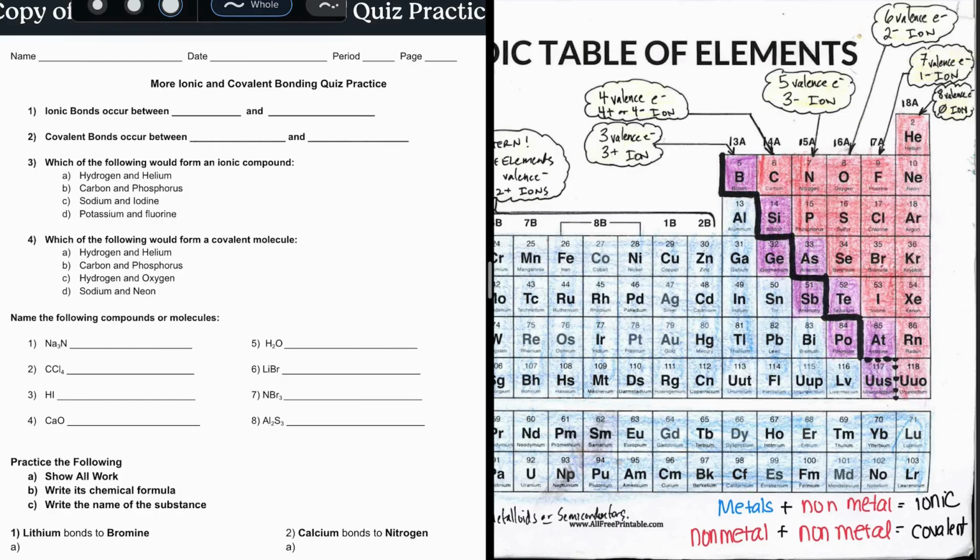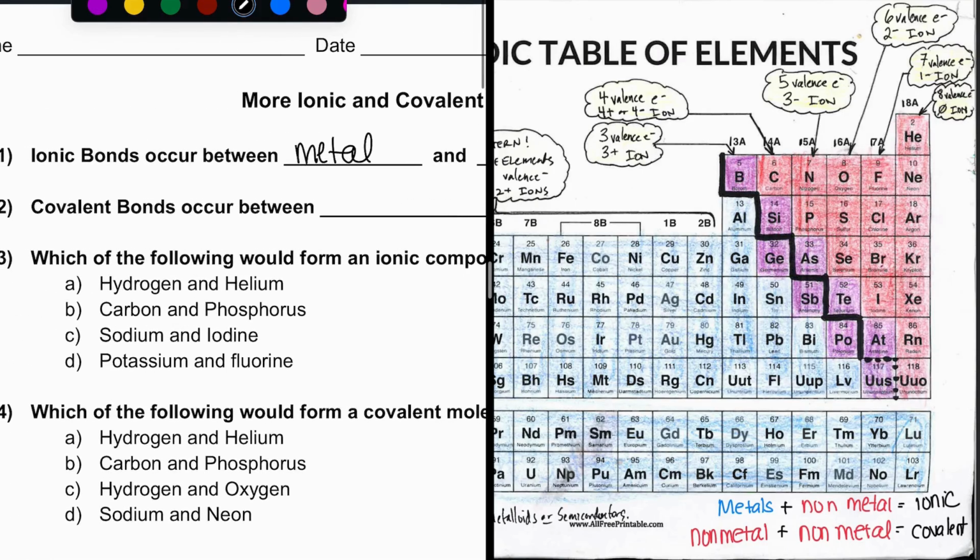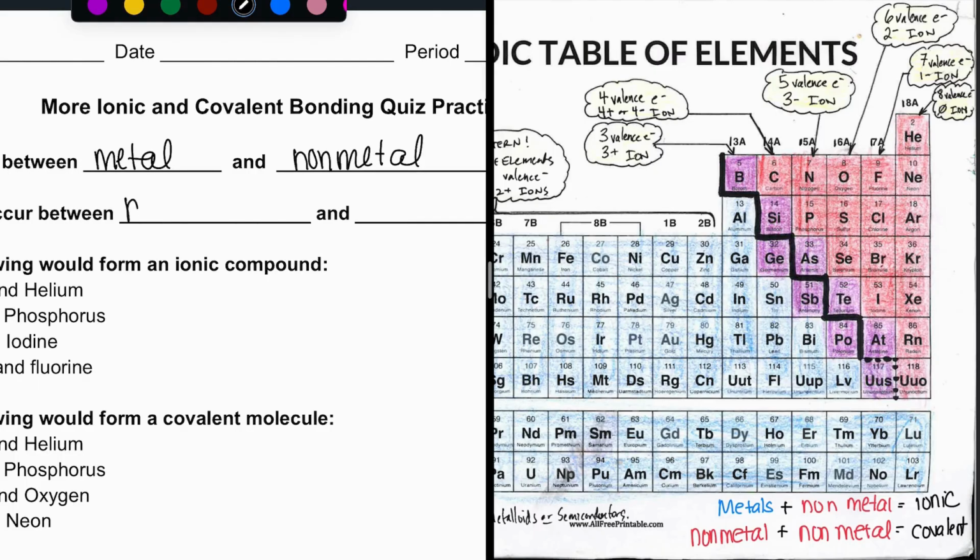So I'm just going to put those in here for my answers. An ionic bond is when a metal and nonmetal bond, and a covalent bond is when nonmetal and nonmetal bond.